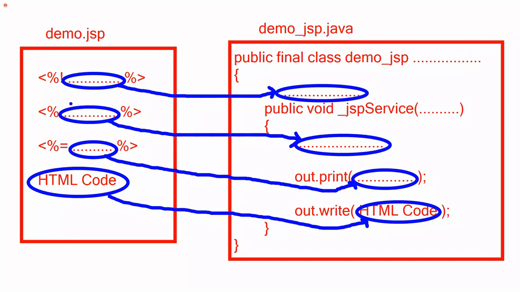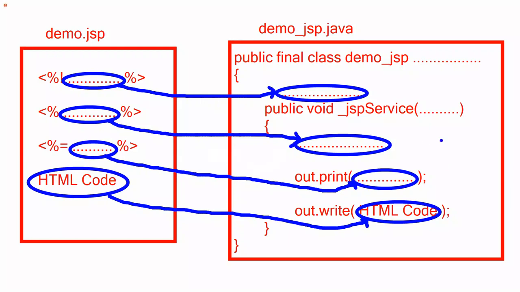If you write code in a scriptlet, it is inside the lifecycle service method, the _jspService lifecycle method. Declaration is outside the service. Scriptlet is inside the service. Expression comes inside the parentheses of the out.print method, as a parameter. HTML code goes to out.write; it is just passed to the browser as it is.